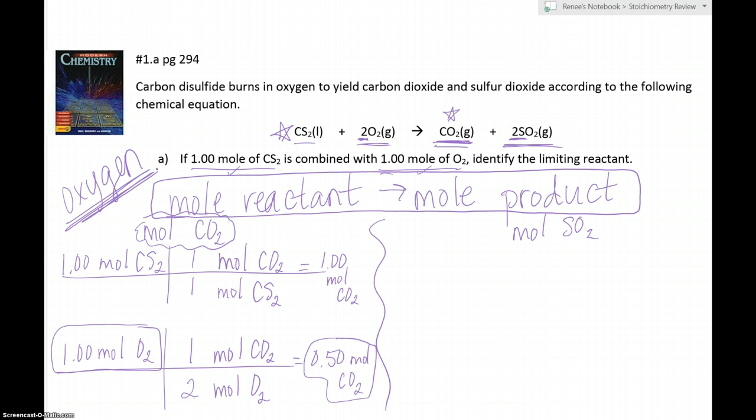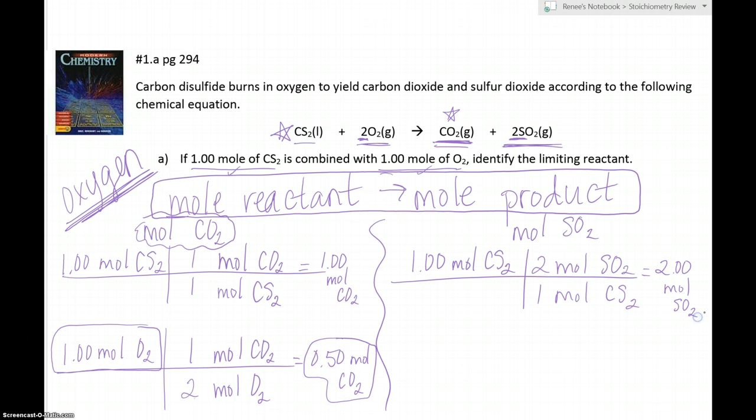Let's see if we get the same results if we go to moles of sulfur dioxide. So same thing, 1 mole of carbon disulfide down here. This time we'll put mole of sulfur dioxide on top. Carbon disulfide has a 2, so we're going to put 2, and that one's still 1, so that is 2 moles of sulfur dioxide.